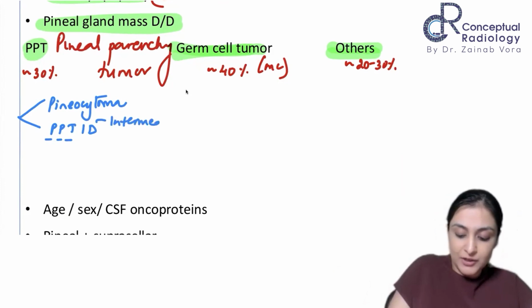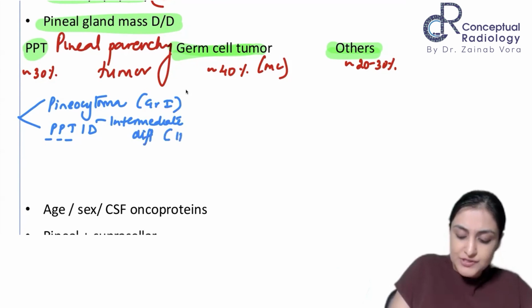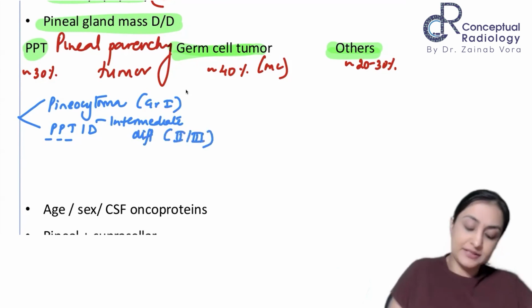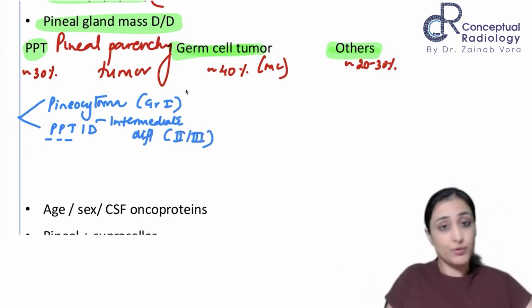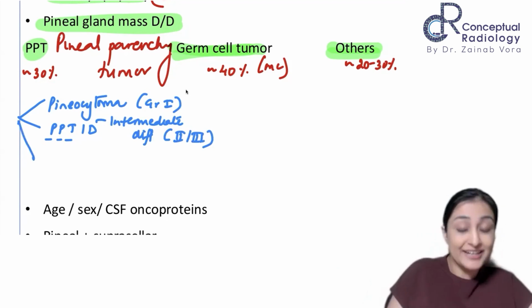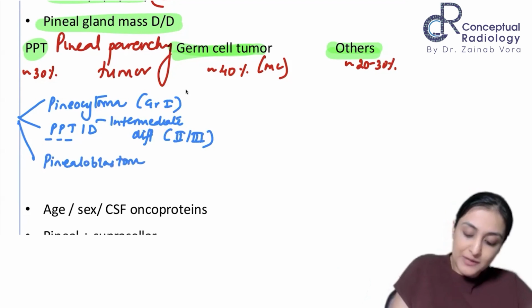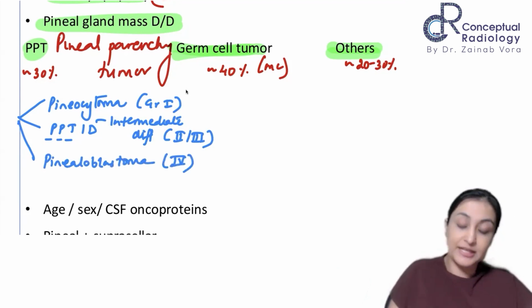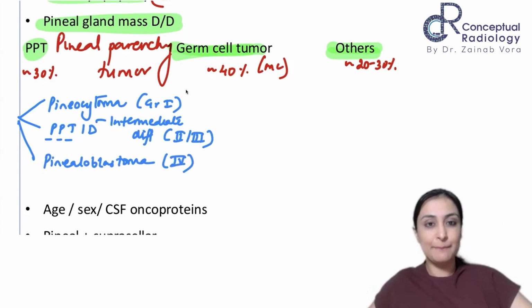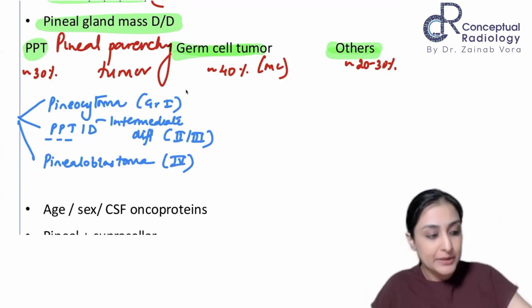It is not grade 1; it is grade 2 or grade 3. And WHO grade 4, the most aggressive, as you all know, is pinealoblastoma. So these are your three PPTs, pineal parenchymal tumors.